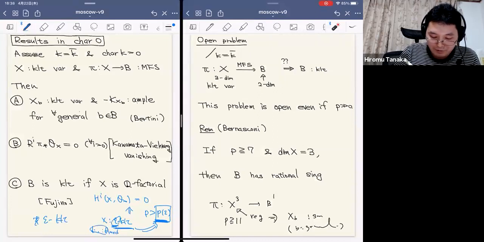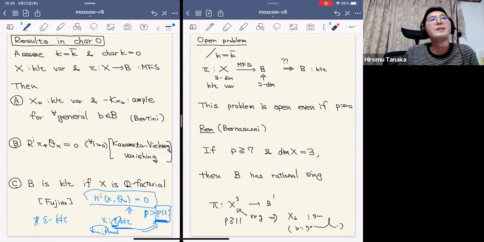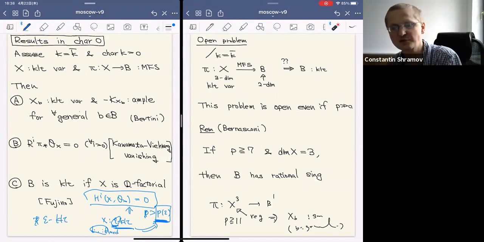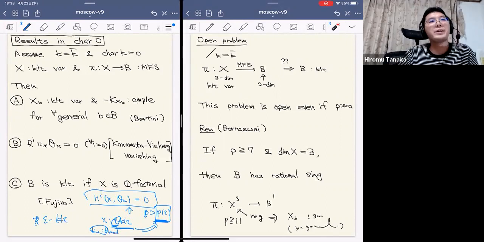Then if P is very, very large, the smooth Fano variety should satisfy this property. So in particular, this predicts that the terminal case should be okay for large enough P. Terminal and canonical should be okay.